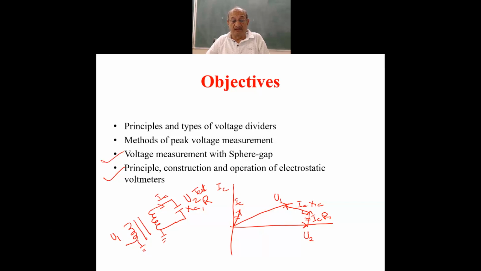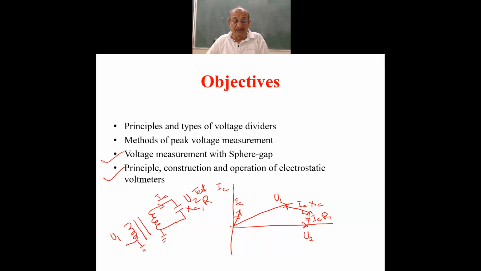And you can imagine in case of lightning and switching impulses, it is the peak voltage which needs to be measured. So the techniques or methods of peak voltage measurement became very important, and the peak voltage measurement circuitries we'll also study.